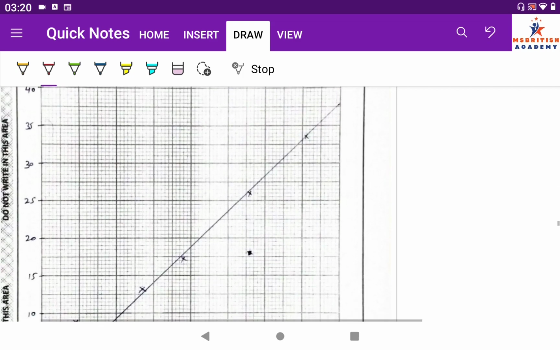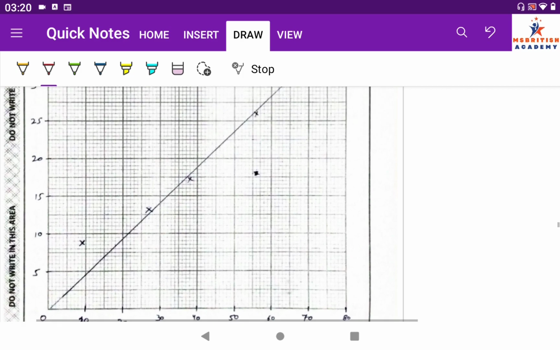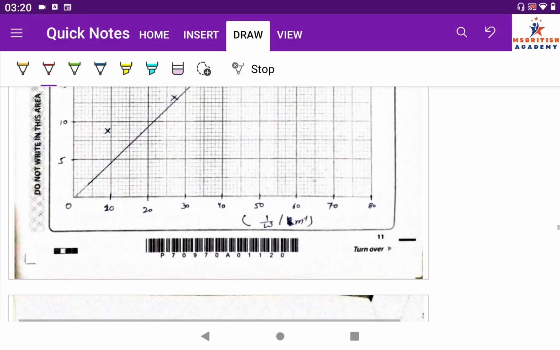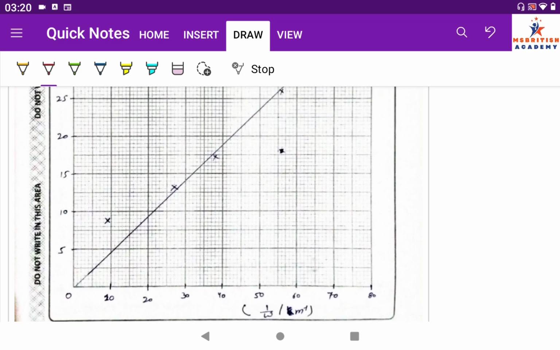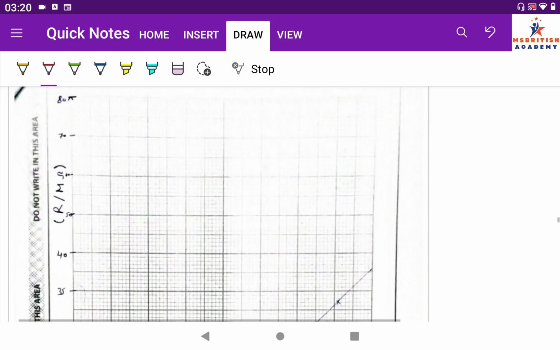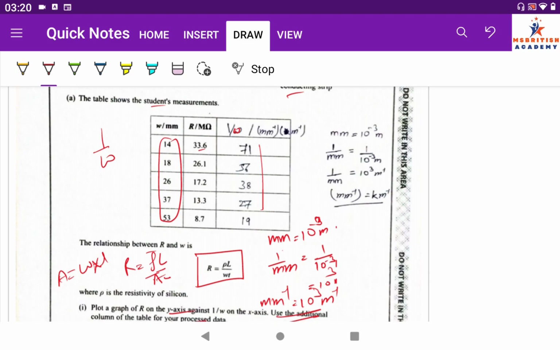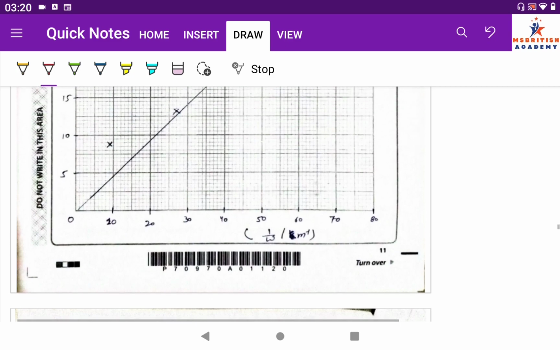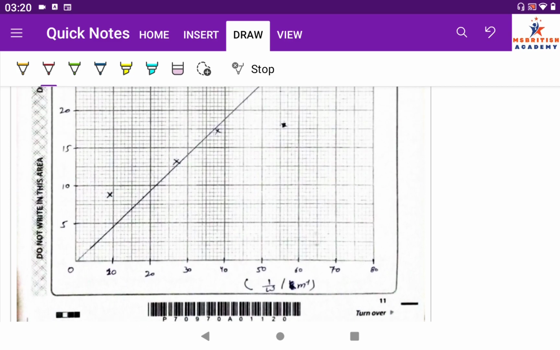So the y-axis is for resistance and the x-axis is for this. We can plot these values: 19, 27, 38, on the axis 10, 20, 30, 40, 50, 60.